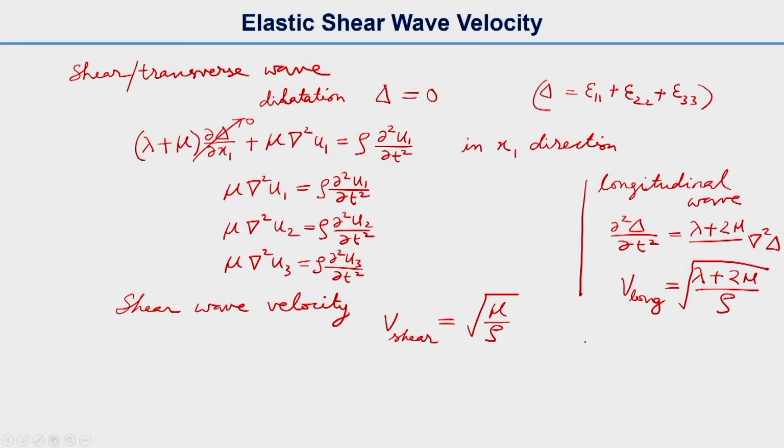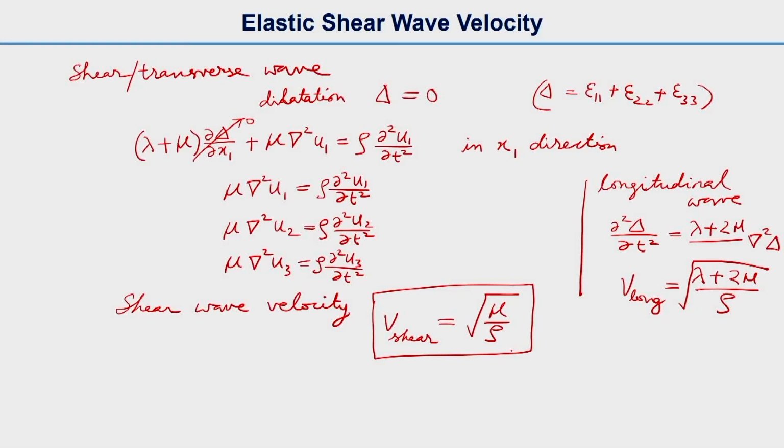Similarly, in this case for shear wave velocity, we can say that this is the square root of the ratio of Lame constant mu divided by mass density rho. So, this is the shear wave velocity.